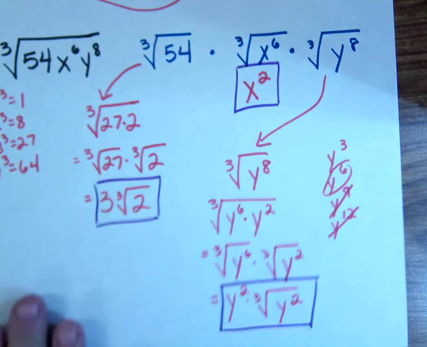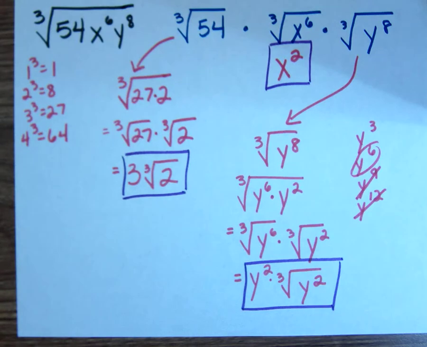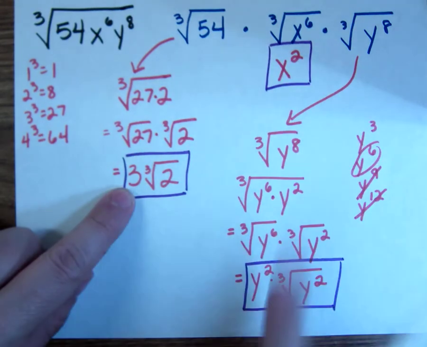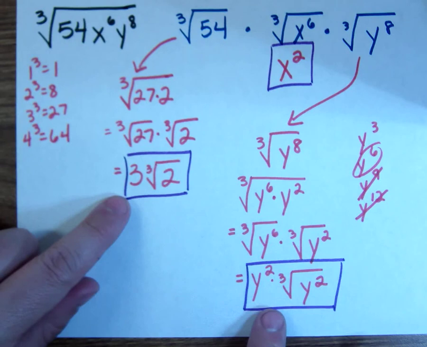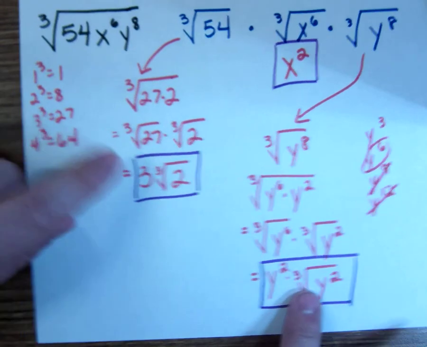So individually, I have found the cube root of all 3 of these things, but now I've got to put it back together. Anything that is not inside of the cube root symbol needs to stay outside of the cube root symbol, and anything that's inside goes inside. What I mean by that is, when I look at all 3 pieces here, what stuff is not inside the cube root? Well, the 3 is not.